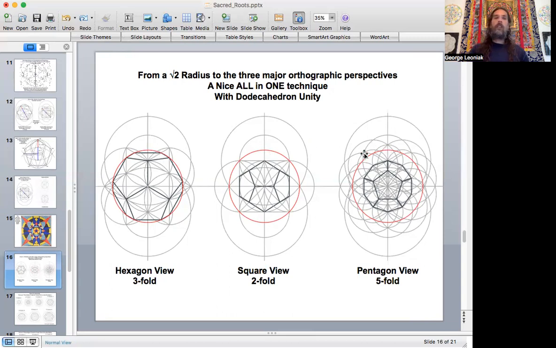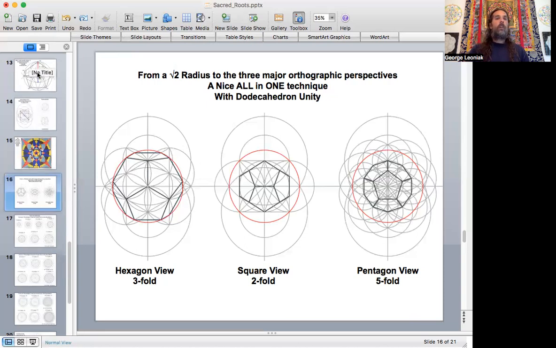And yes, that is a possibility to do in all of them, adding in the additional circles to go to square view. And you don't even need these other circles to do the square view. Remember, these could all be basically the seed of life, but this is your 2-fold, 3-fold, and 5-fold, all from using the √2 radius circle.